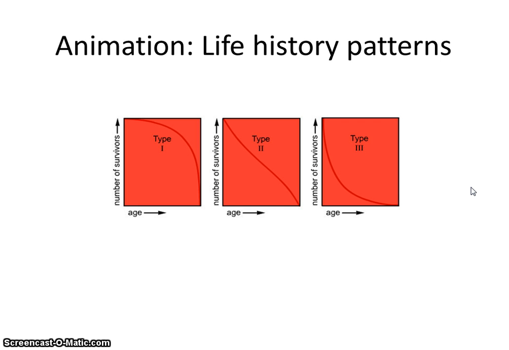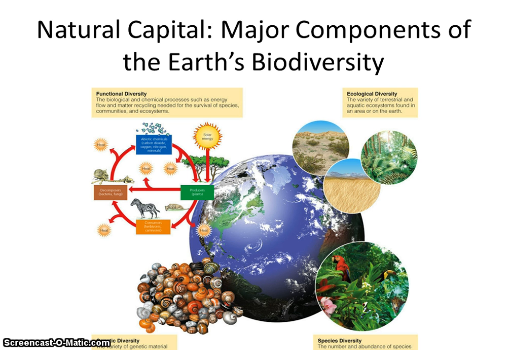Only a few will make it. The ones that do make it tend to survive pretty well into old age. It's pretty much the opposite of type 1. So again, type 3 is most typical for animals that are going to have massive numbers for reproduction. Roaches do not think that all of their offspring will survive, and it's too bad for us that so much of them do.